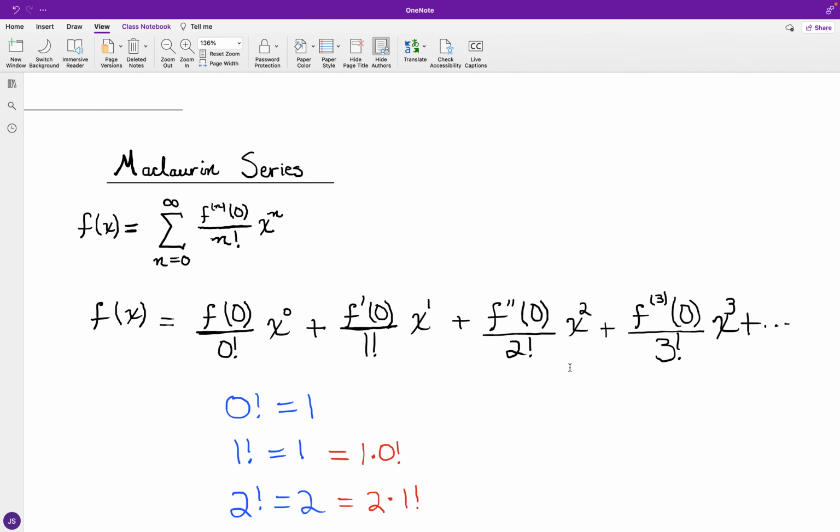Then you have the third order derivative of f of x when x is set equal to 0 all over 3 factorial x cubed, and so on.